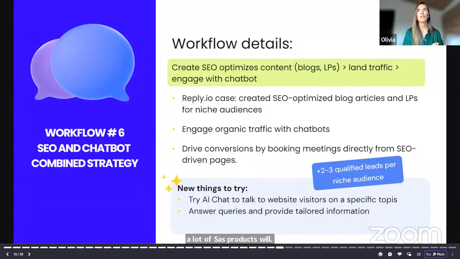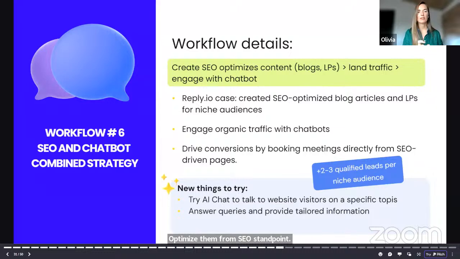We have a lot of industries that use our solutions and our products. And we thought about, okay, what if we do blog posts and landing pages for niche audiences? Optimize them from an SEO standpoint and start to get some traffic.